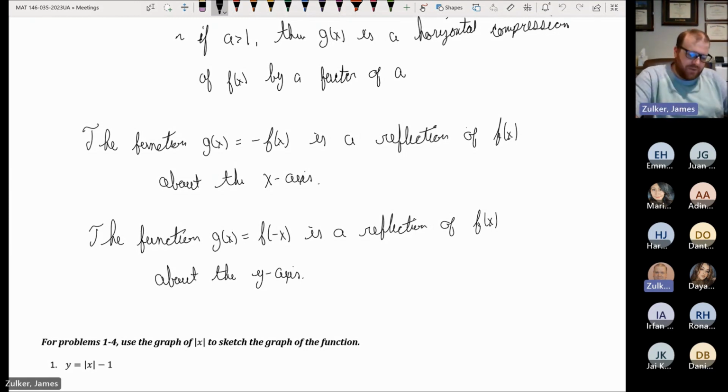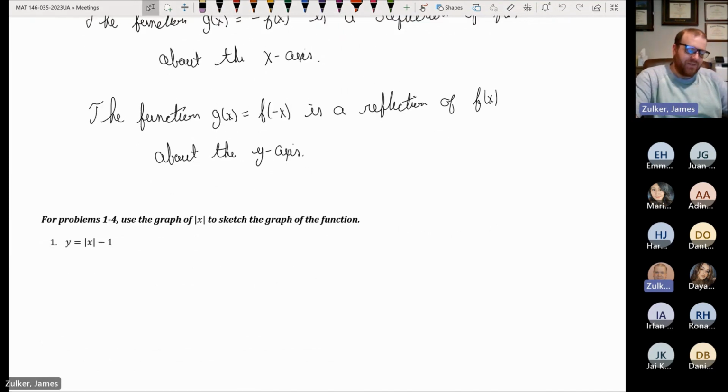So what we're going to be asked to do for the first 4 problems is to use the graph of the absolute value of x to sketch the graph of the given function.